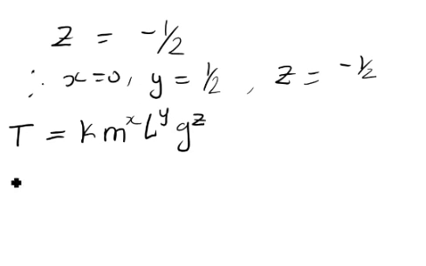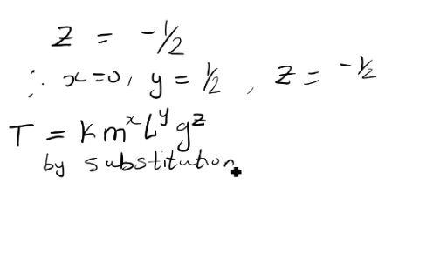Let's substitute it back. I have T equal to k, m to the power 0, l to the power 1 over 2, and g to the power minus 1 over 2.